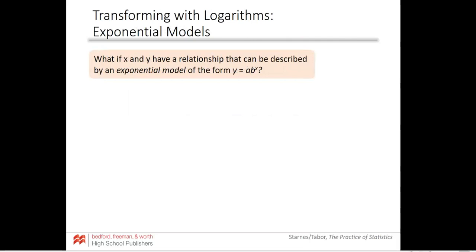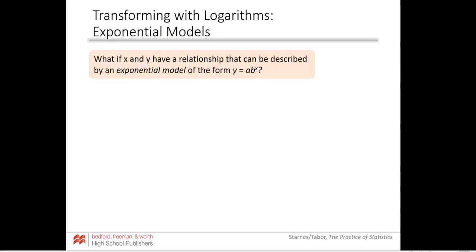So what if x and y have a relationship that can be described by an exponential model? An exponential model is when we have x in the exponent, the classic a times b to the x power. Like our money grows exponentially. We studied that in Algebra 2.